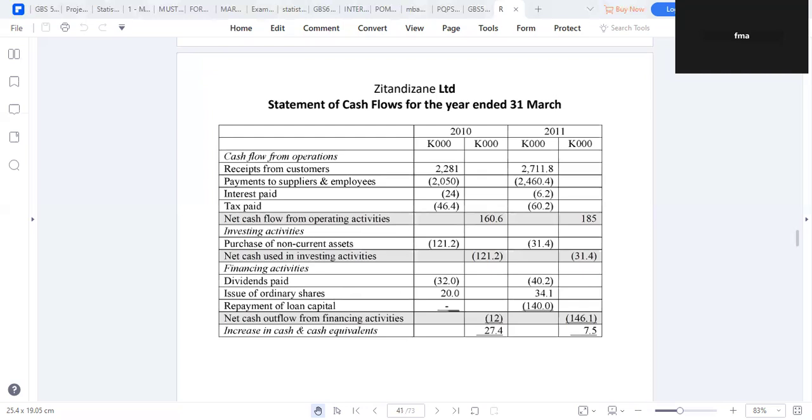So which ratio are we going to use now? We're calculating the current ratios. Who remembers the current ratio?